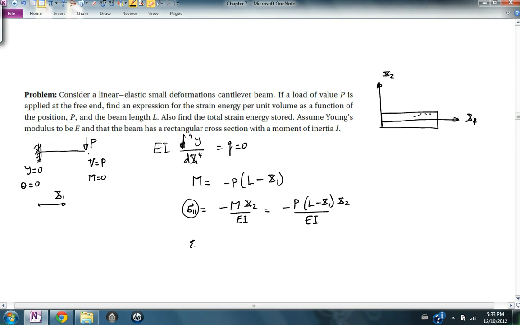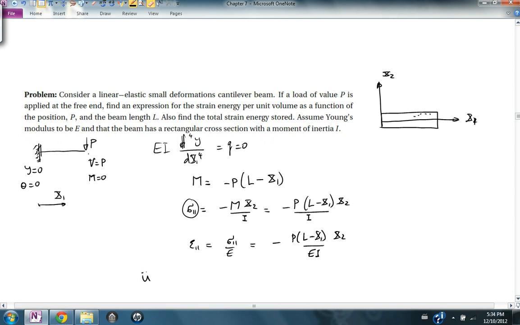And epsilon 1, you can just say it's equal to sigma 1 over E. So epsilon 1 will be equal to negative P (L minus x1) multiplied by x2 over EI.